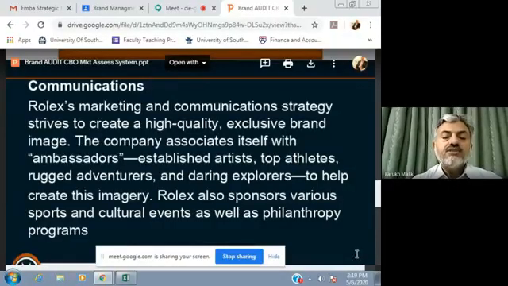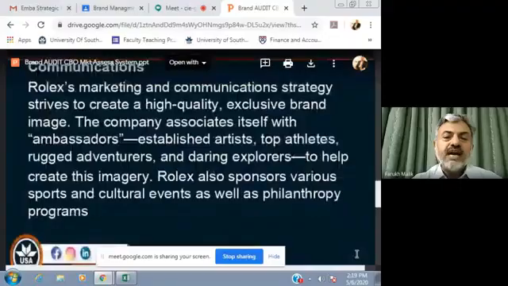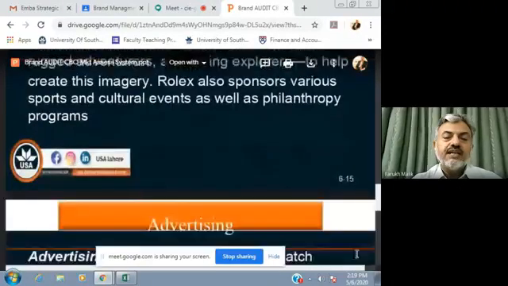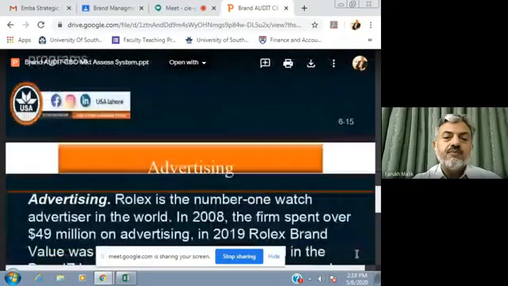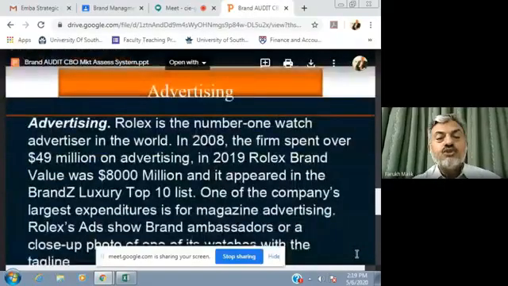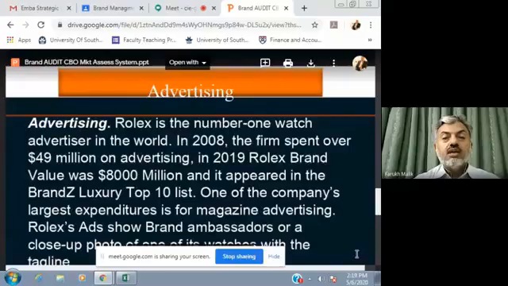You must have seen the Rolex brand being advertised at Wimbledon, because Rolex sponsors Wimbledon tennis and high-status events where customers who can afford to buy a Rolex watch, the elite of society, go.